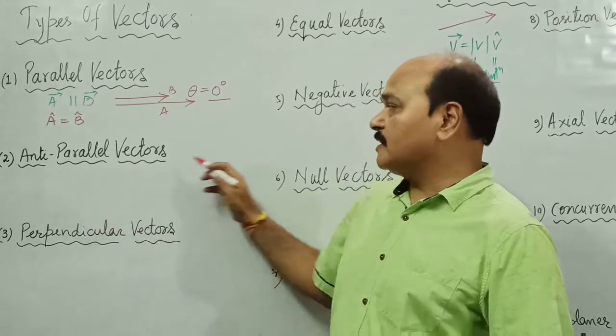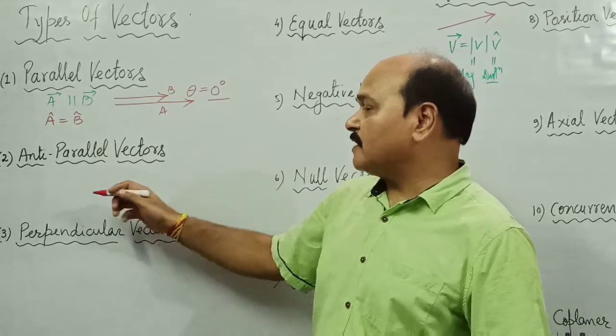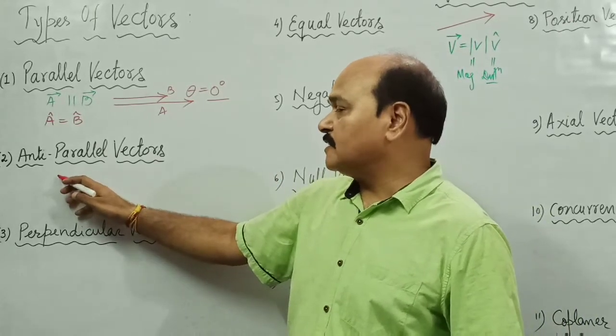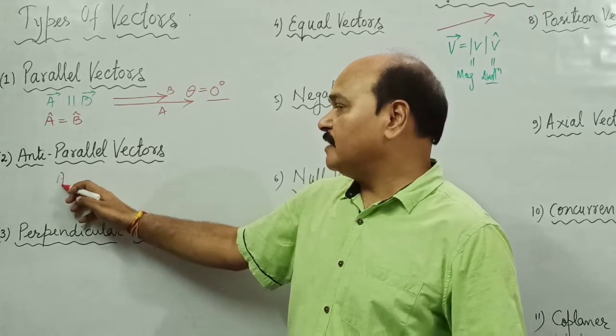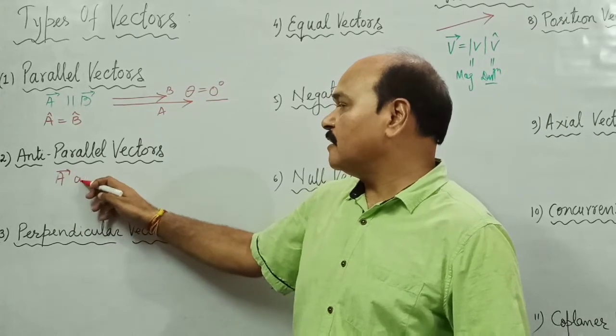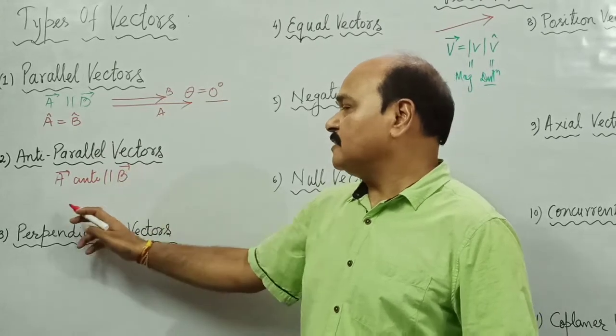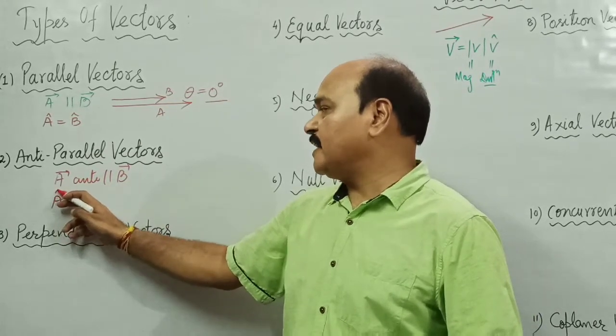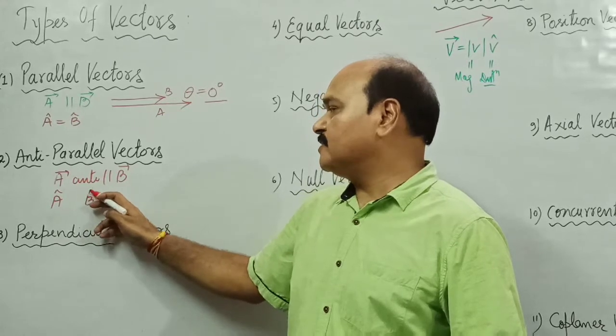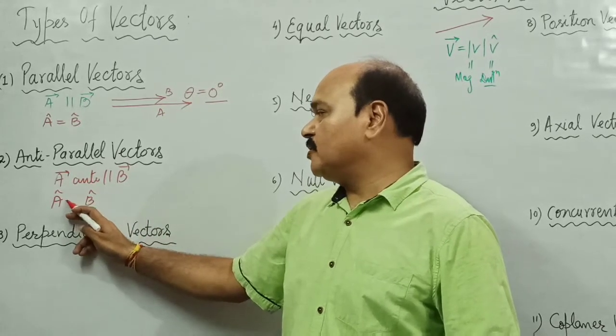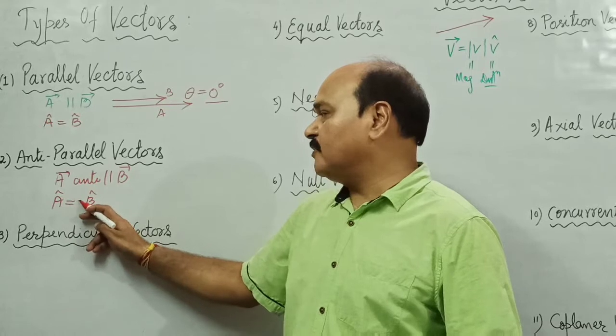Well, anti-parallel vectors. Anti-parallel vectors are vectors in opposite directions. If A vector is anti-parallel to B vector, then what happens? The direction of A, which is A cap, and the direction of B, which is B cap, are equated with each other with a negative sign.